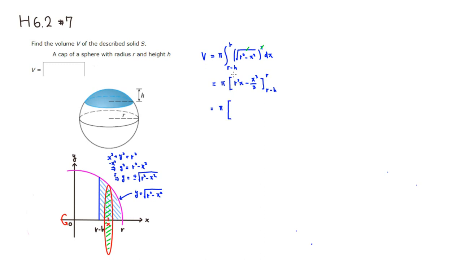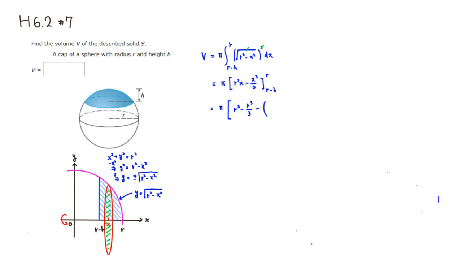If we plug in r here, you have r cubed, minus r cubed over 3, minus, and plug in r minus h.